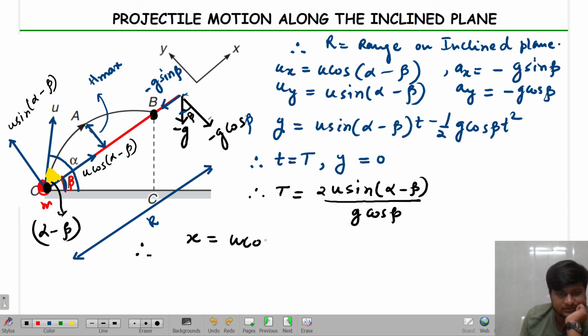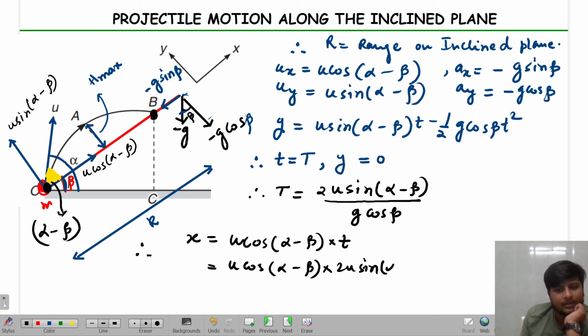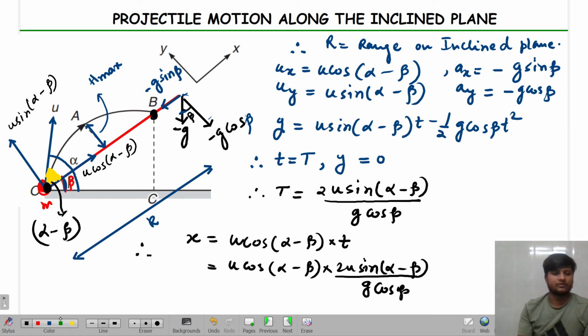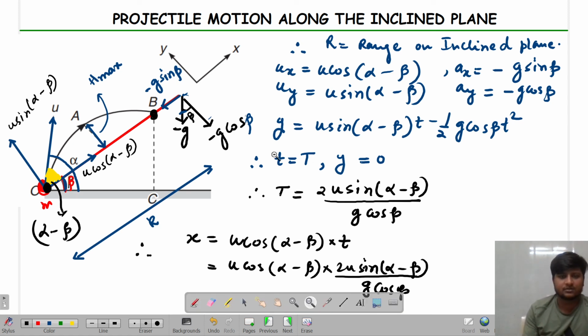Sorry, u cos(alpha minus beta) into time T, right or not? And therefore, what I get as the relation: u cos(alpha minus beta) into total time of flight, 2u sin(alpha minus beta) divided by g cos beta. Simple. Yes or no? Now look over here. I'm just going to minimize this, friends.